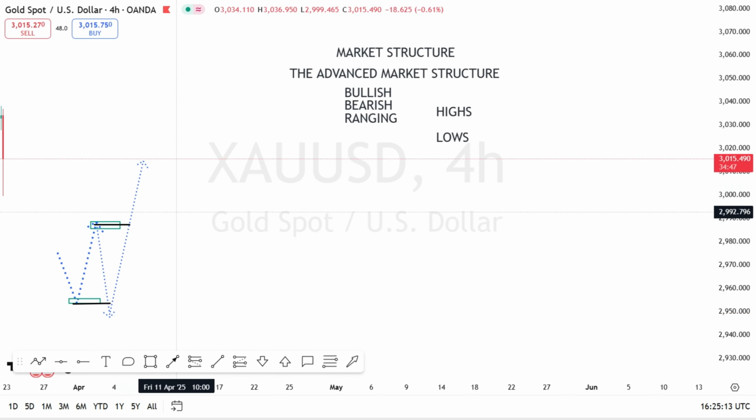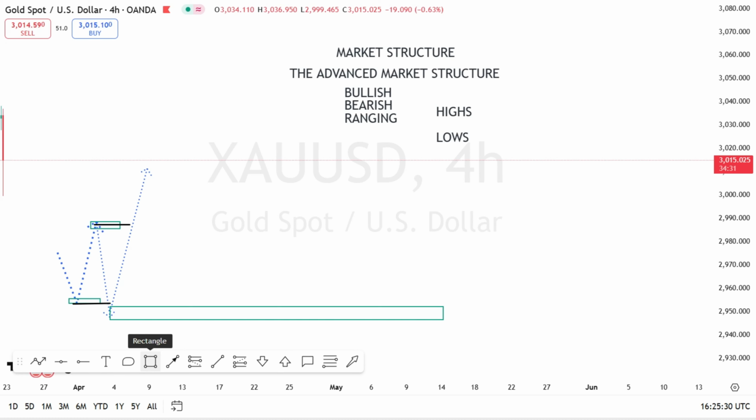So once the market makes this move to take this high over here, it's going to give you a zone, and this zone comes with a bearish candle. It comes with a bearish candle, guys.